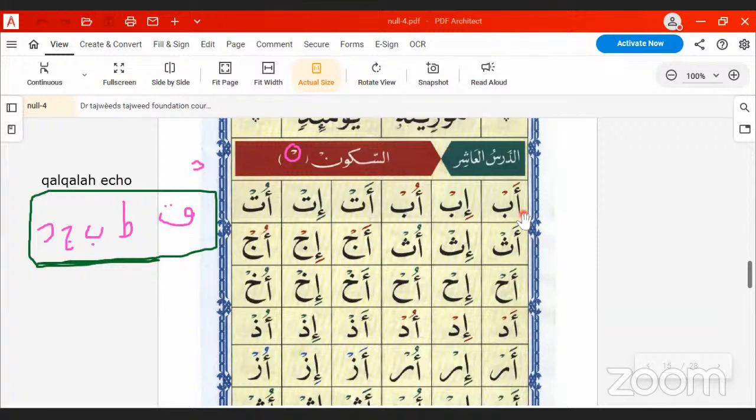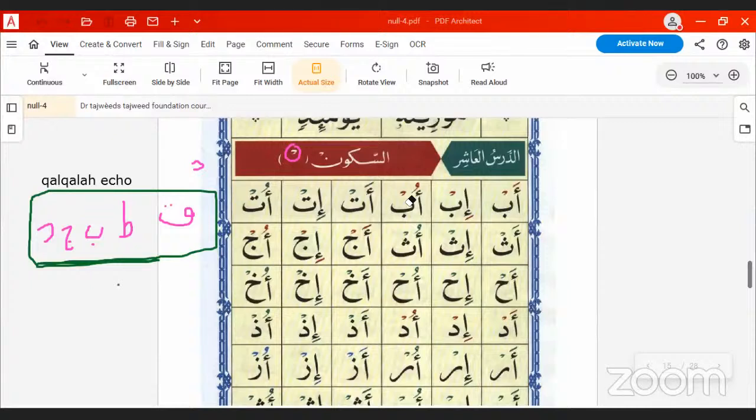So let's start reading it. Ab, ib, ub. Now see, I have pronounced the jerking sound because this letter fell under the category. See, it's the same letter, ba. This letter is a kalkala letter. So how to pronounce it with a sukoon? Ab, ab.